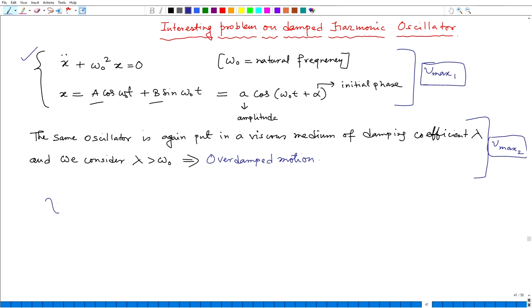We will find the ratio chi, which will be simply V max 2 by V max 1.